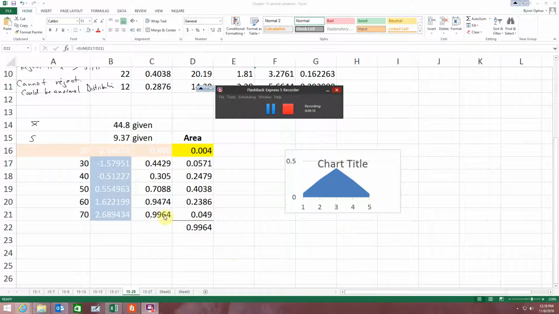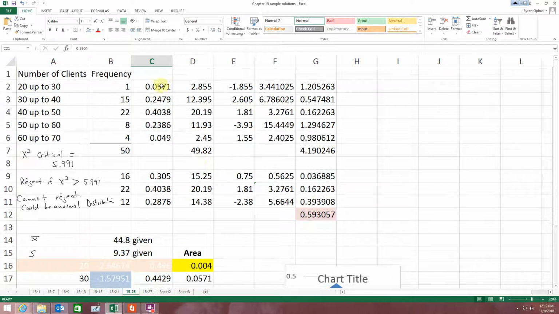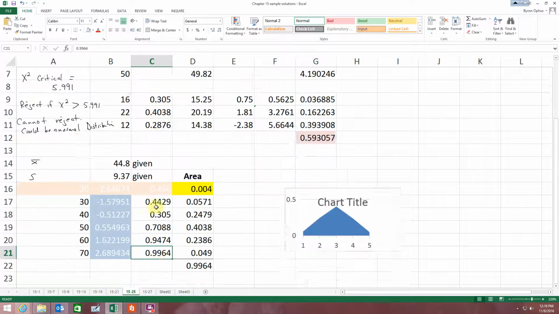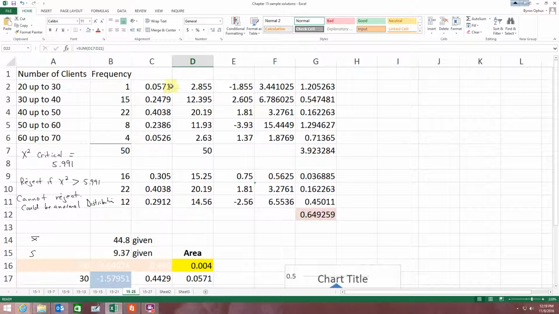I think for efficiency's sake, because this is at our upper limit, remember we've combined these two up here, we can do the same here, and instead of making this 0.99, just make this a 1. And then that gives us a number that includes the stuff that's over 70, much like this includes the stuff that's under 20 when I come to here.